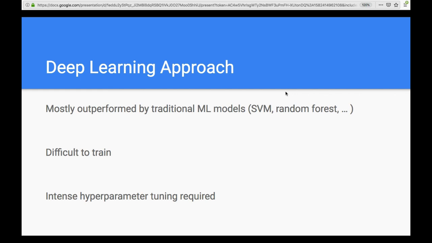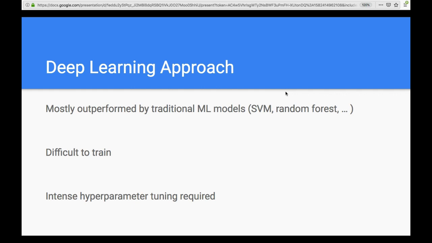And there are some deep learning approaches, and most of them actually are outperformed by traditional machine learning models, for example, support vector machine or random forest, those kinds of things. I think the main reason is we just don't have enough data for deep learning models to thrive. And usually those deep learning models for this task, molecule property prediction, are very hard to train.